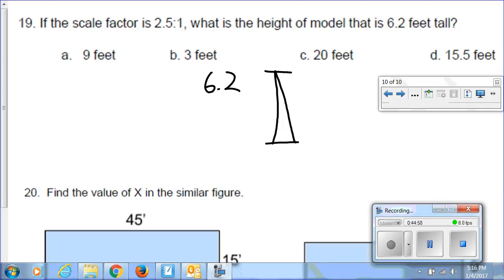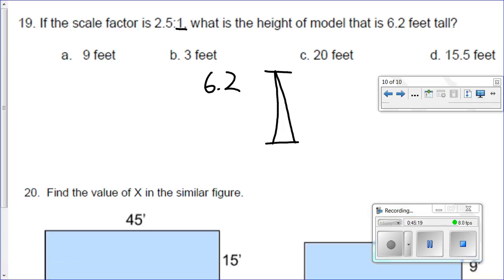So I don't know why you would make a 15 or some larger model of something that is already kind of large. This doesn't really make any sense. But basically they're saying for every 1 foot that's contained in your model, there's 2.5 feet in whatever you're modeling.